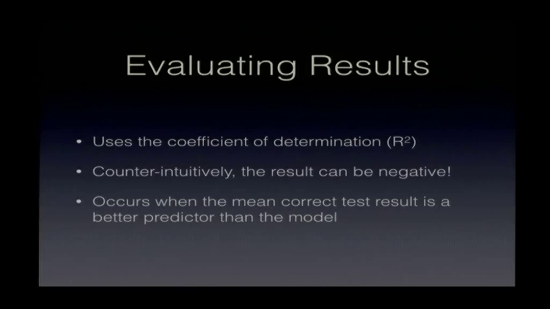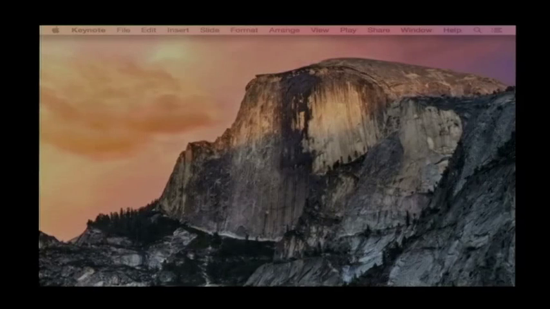Now, in my data set, the results are standardized, which means they have a mean of 0 and a standard deviation of 1, which means that if the result is negative for me, just predicting 0 for everything would be a better predictor of the results than using my model. So let's take a look and see how it goes.